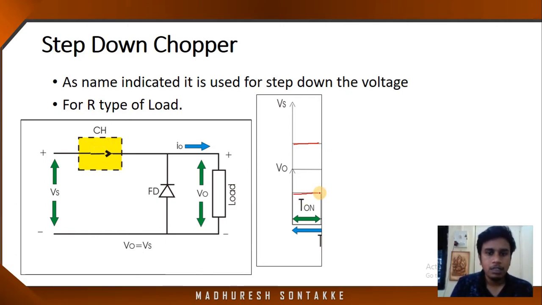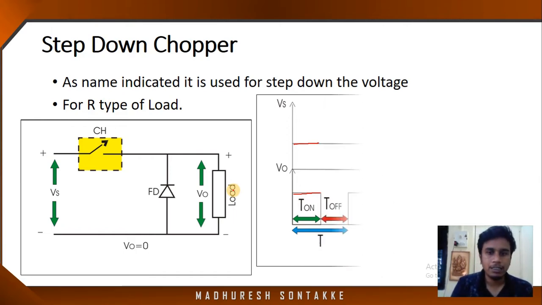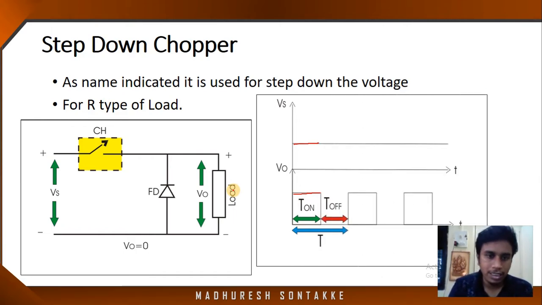After some time you open the switch, and whatever current was flowing through the load suddenly vanishes, and the voltage across the load again goes to zero, because your load is isolated from the source, and here you can see that the voltage is zero. The period where the switch was on is considered as T on, the period where the switch was off is considered as T off, and the total time period is T.